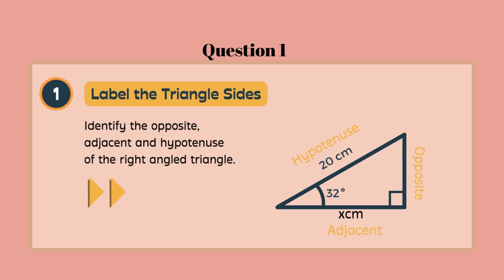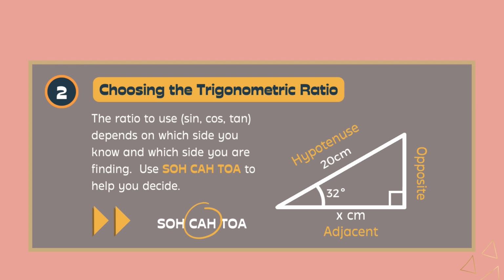My hypotenuse is the side that is opposite my right angle, which is 20 centimeters. The side that is opposite to the angle in question is not known. The adjacent side is x centimeters. So we have the adjacent and we have the hypotenuse. From the formula, since we have the adjacent and the hypotenuse, we're going to use the cos.